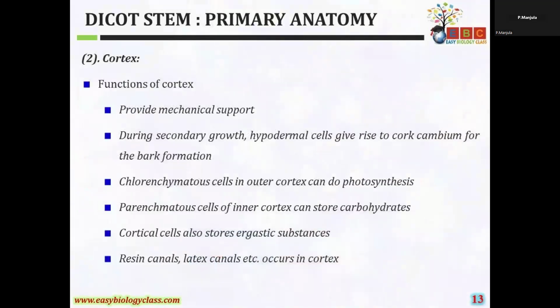The main function of the cortex is to provide mechanical support, and during secondary growth, the hypodermal cells give rise to cork cambium, which produces the bark.